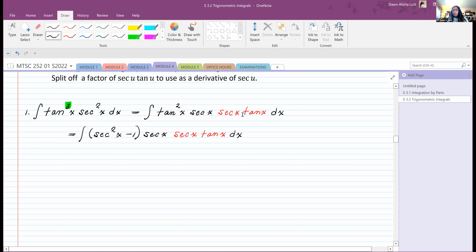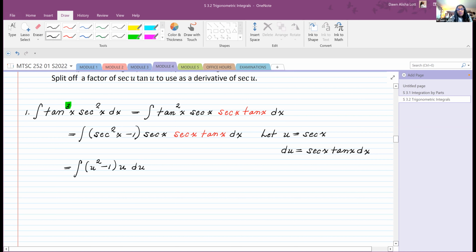All right, so now I can let u equal secant x and du equals secant x tangent x dx. So this now becomes the integral of u squared minus 1 times u, and then all of that just becomes du.